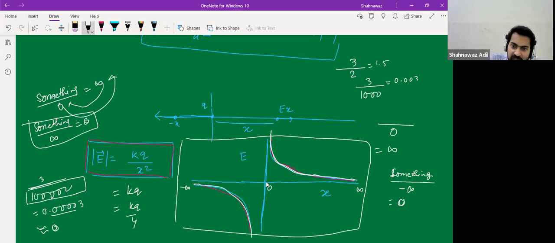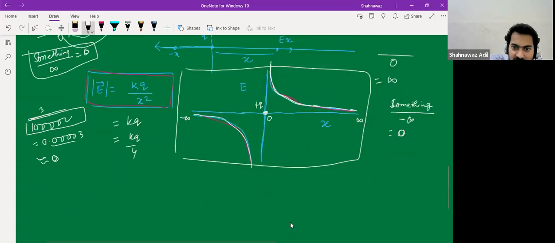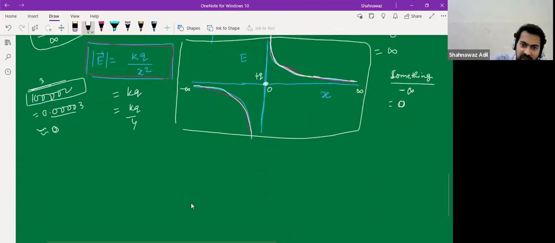This is due to the charge we have chosen to be positive. And for the negative charge, you can imagine this would be opposite. Whatever this graph was, this would be like this.